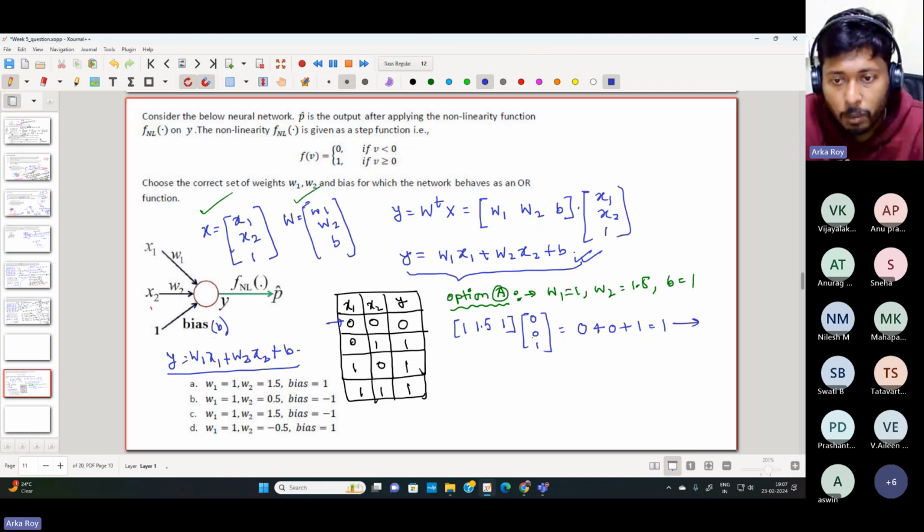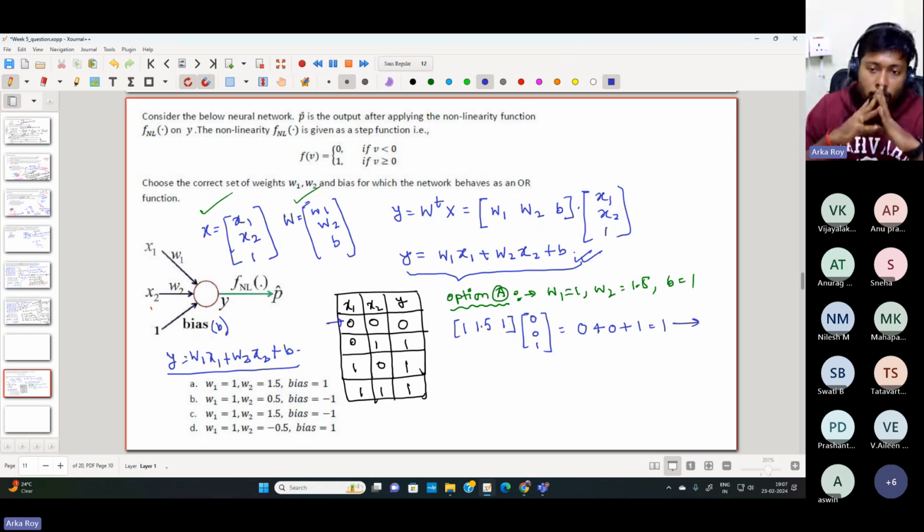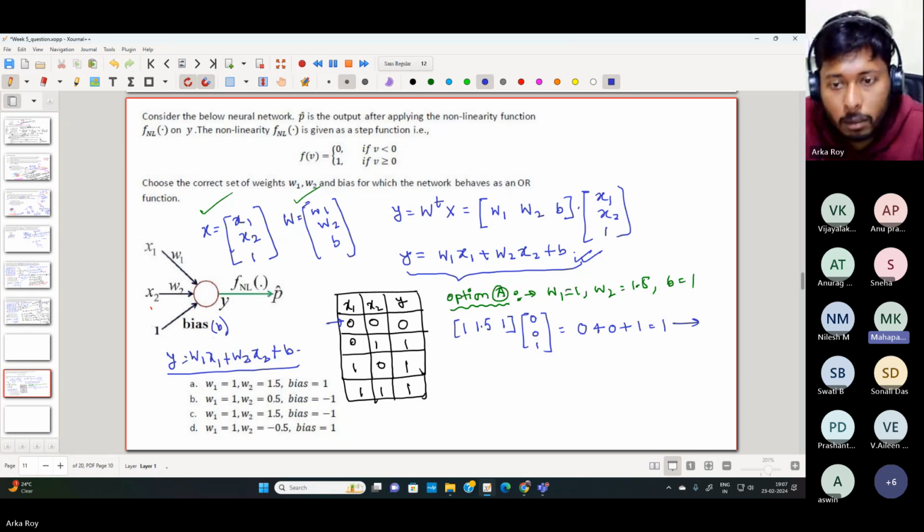Is there any difficulty for this particular case? For example, here also I am including x1 and x2 and the bias term. Are you guys referring to this sort of thing? I'm not able to understand where you are getting stuck over here. This matrix multiplication is okay, I think.